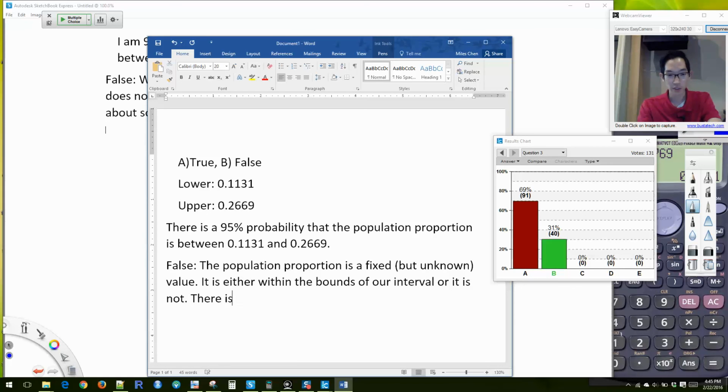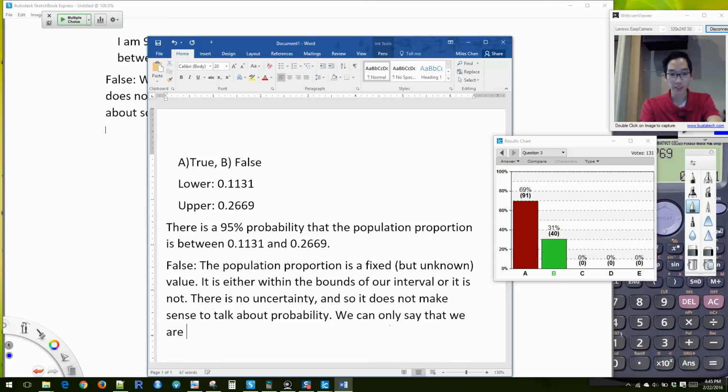There is no uncertainty, and so it does not make sense to talk about probability. We can only say that we are 95% confident that the population proportion is in our boundaries.